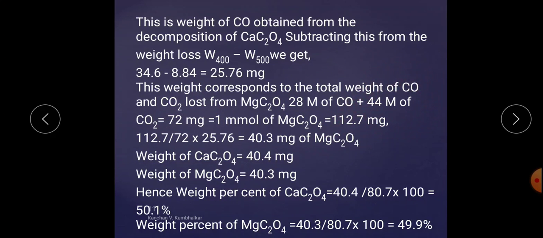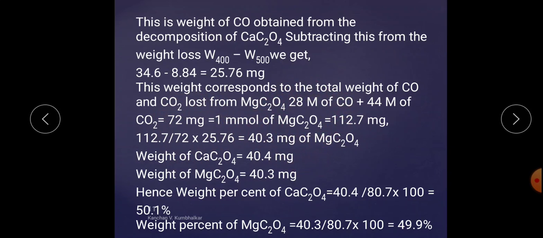What is 28? 28 is the molar weight of carbon and oxygen total, that is CO, carbon monoxide. Carbon is 12, oxygen is 16. So 16 plus 12 is 28. So 28 mg of CO plus 44 mg of CO2 gives a total value of 72 mg.